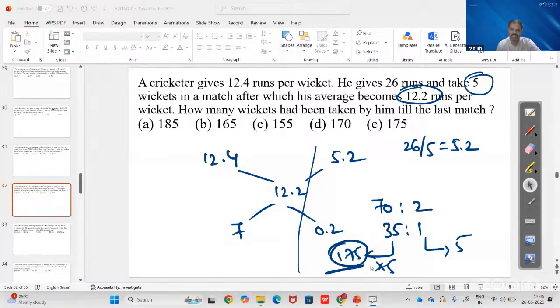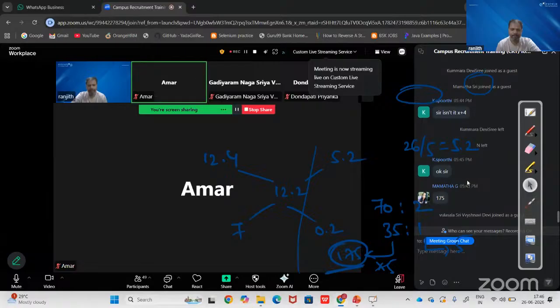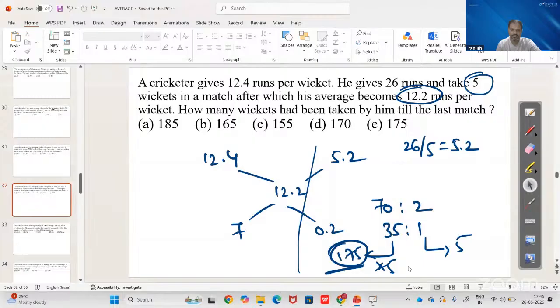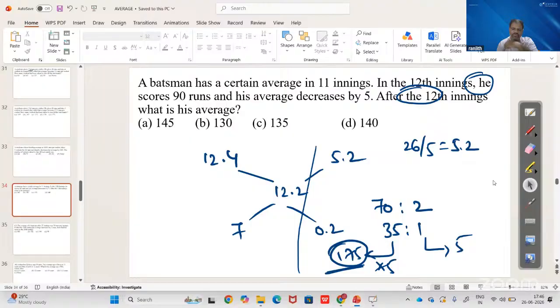Answer is 175. So what is the answer here?